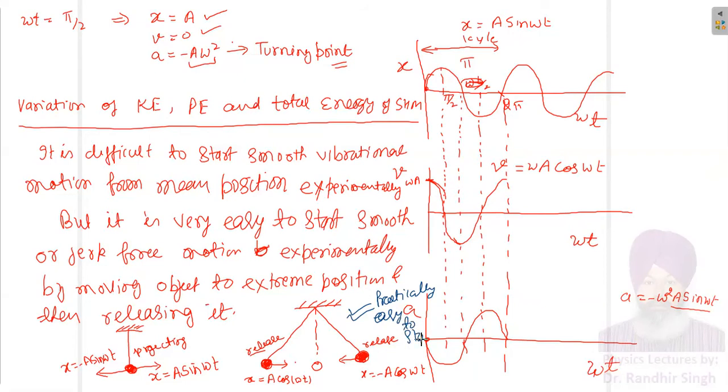So most of the times if you see various books, the equation of SHM is written as x is equal to a cos omega t. So this is a question that you should remember: why is x is equal to a sine omega t not written in most of the books? The answer is this one. If you are convinced with it, tell me and I will move to the new page.